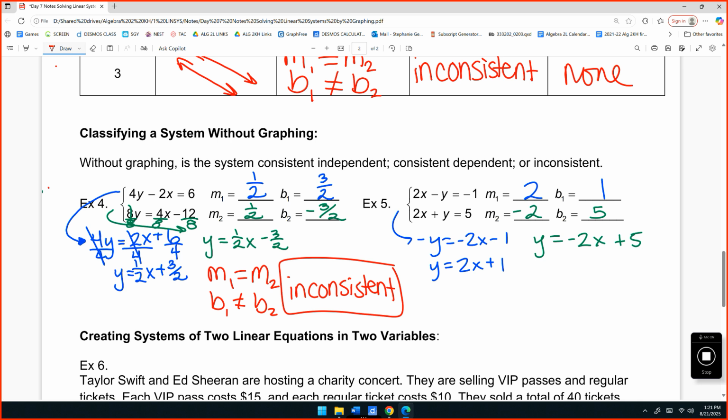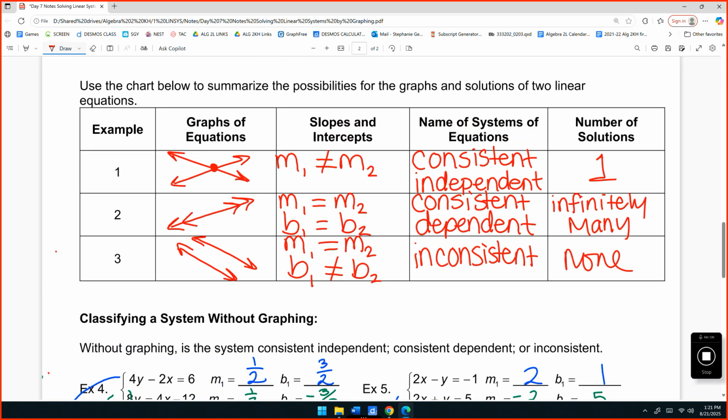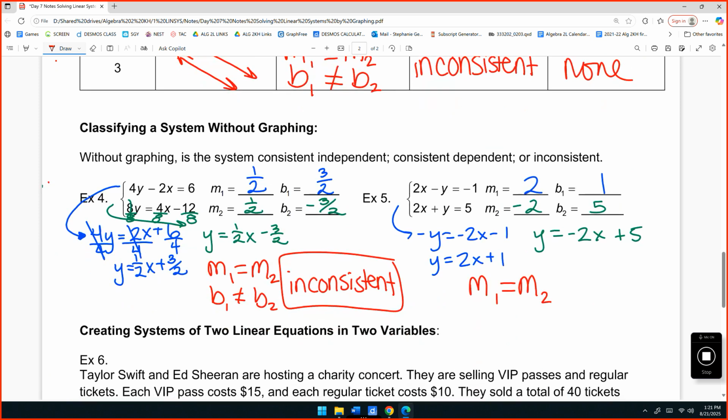So I will say, your strategy to find the slope and the y-intercept, if they're in standard form, you have a choice. You can convert it to slope-intercept, or you can do opposite A over B, or you can do intercepts by plugging in 0, so you have choices. For this one, m1 did not equal m2, not equal, sorry, I put an equal sign.